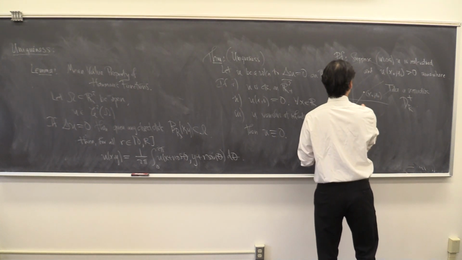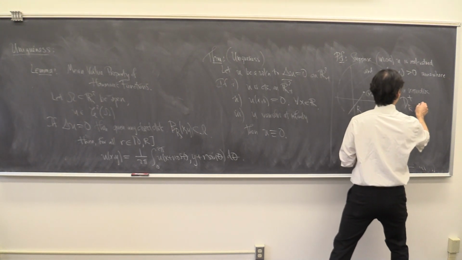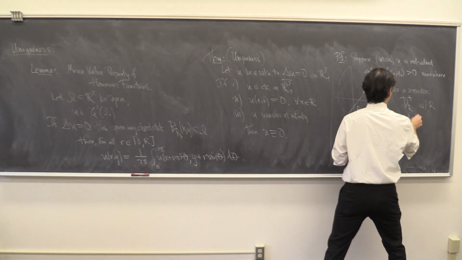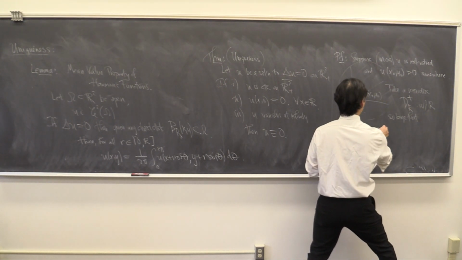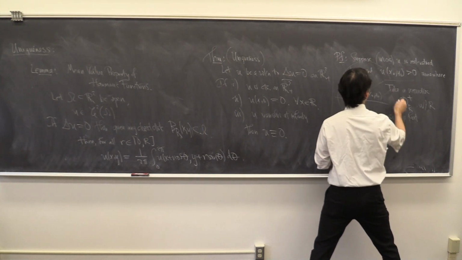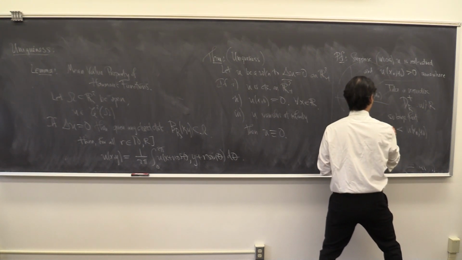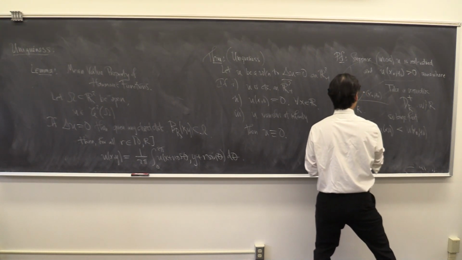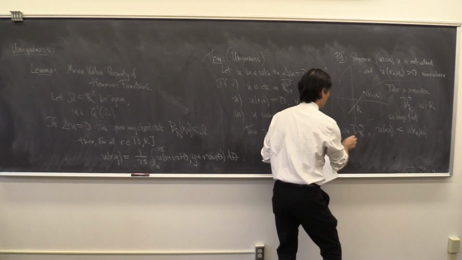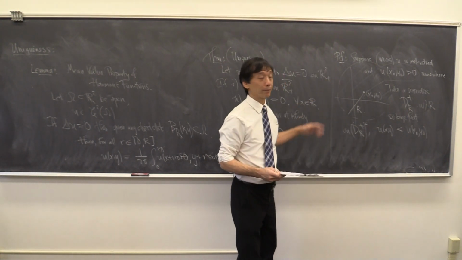Disk of radius R, with R so large that on the complement of that semidisk, U is small.